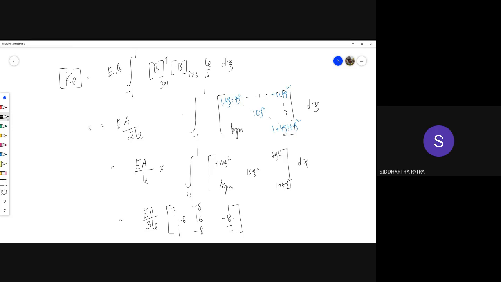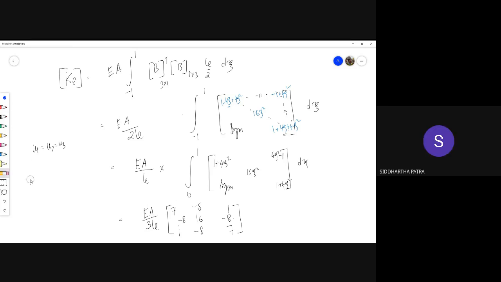It's because every time u1 equals u2 equals u3, you need no force to create that sort of deflection.